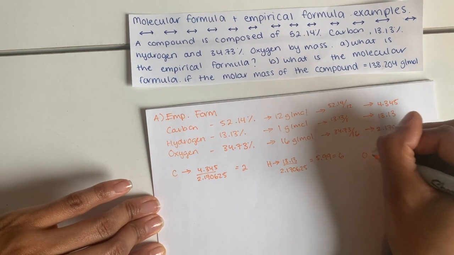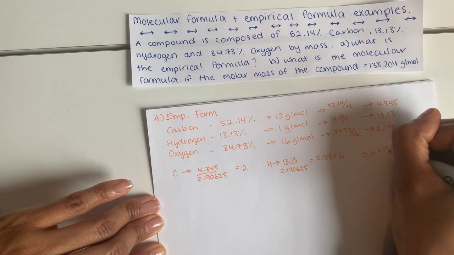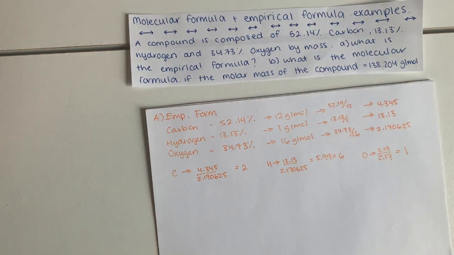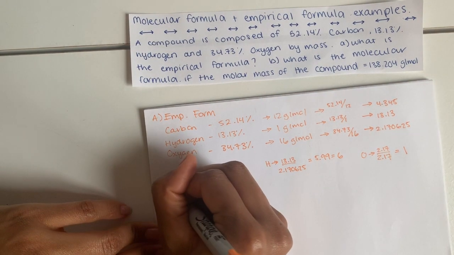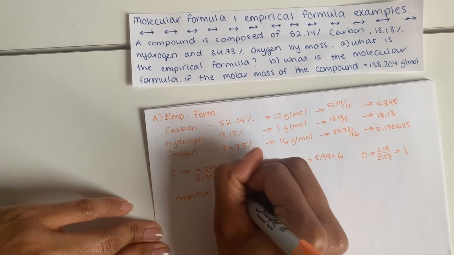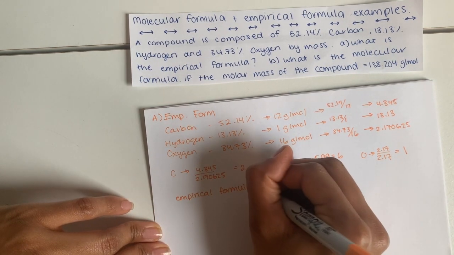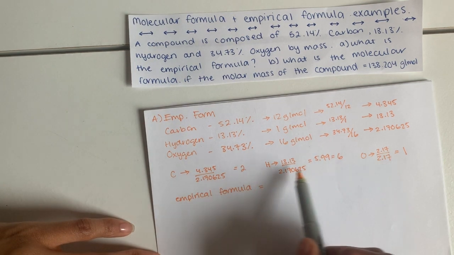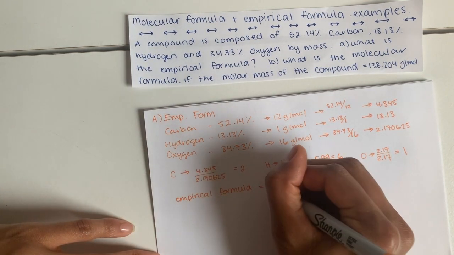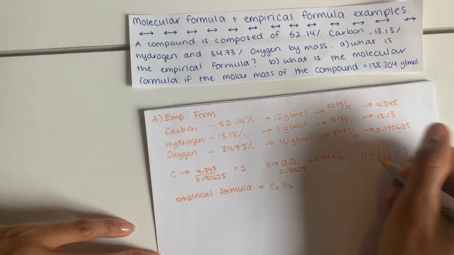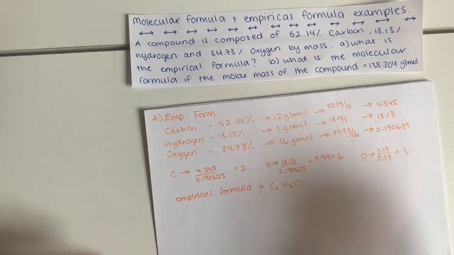And then my last one is oxygen, which is 2.17 divided by 2.17, which obviously just gives us 1. And that's our ratio. So our final step is to just write how many of each element we have as a compound. So I'm going to do C2H6O. And that's it.